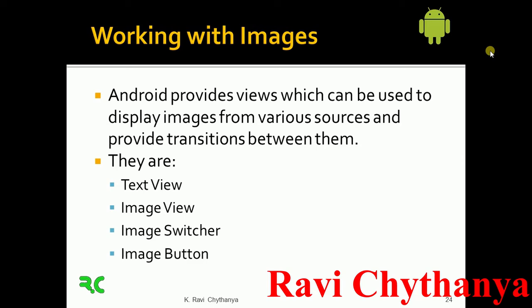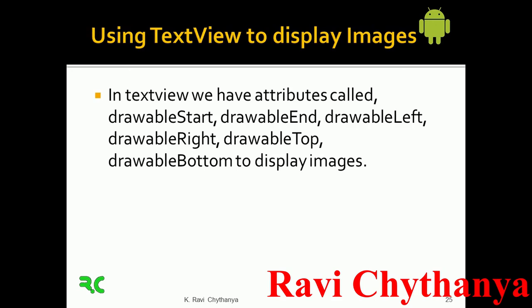Today we are going to look at how to use the text view to display images, how to use the image view to display the images, and how to use the image button to display the images in our example. Using text view to display the images, in text view we have some attributes called android:drawableStart, drawableEnd, drawableLeft, drawableRight, drawableTop, and drawableBottom to display the images.